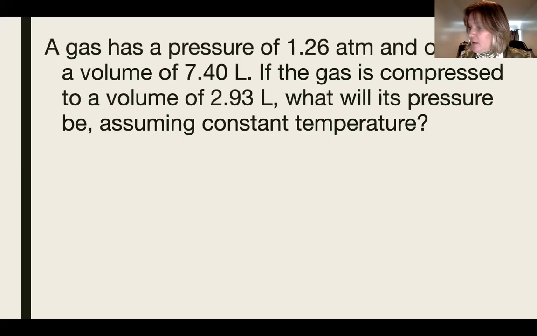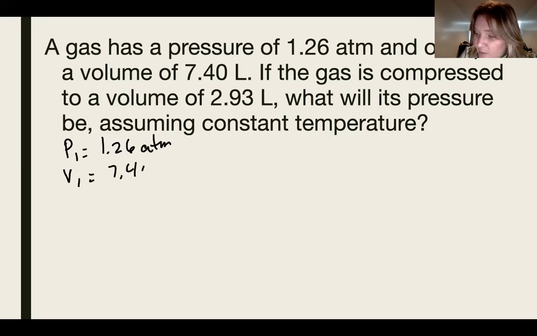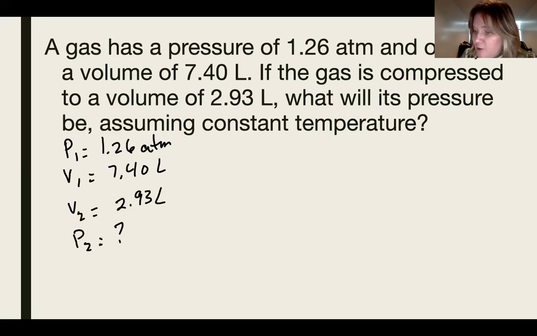Another example. A gas has a pressure of 1.26 ATM and occupies a volume of 7.40 liters. If the gas is compressed to a volume of 2.93 liters, what will its pressure be, assuming constant temperature? Okay, so I've got P1 is 1.26 ATM, V1 is 7.40 liters, and V2 is 2.93 liters, and I'm gonna solve for P2.